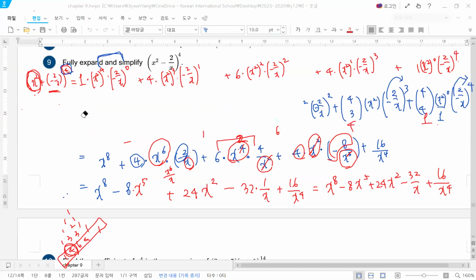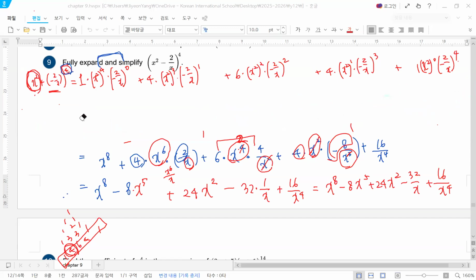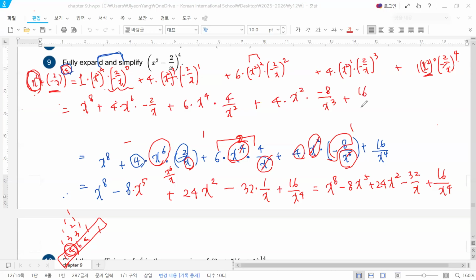Let's simplify this expression. This is 1, so x to the power of 8 plus 4 times x to the power of 6 times negative 2 over x, then plus 6 times x to the power of 4, and negative 2 squared is 4 over x squared, plus 4 times x squared, and negative 2 cubed is negative 8 divided by x cubed, plus this one is going to be 1, negative 2 to the power of 4 is 16 over x to the power of 4.